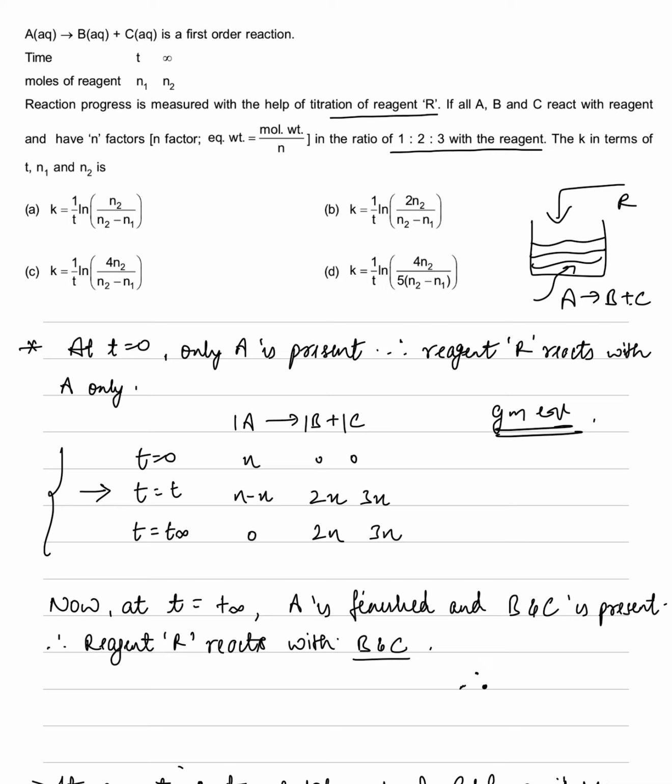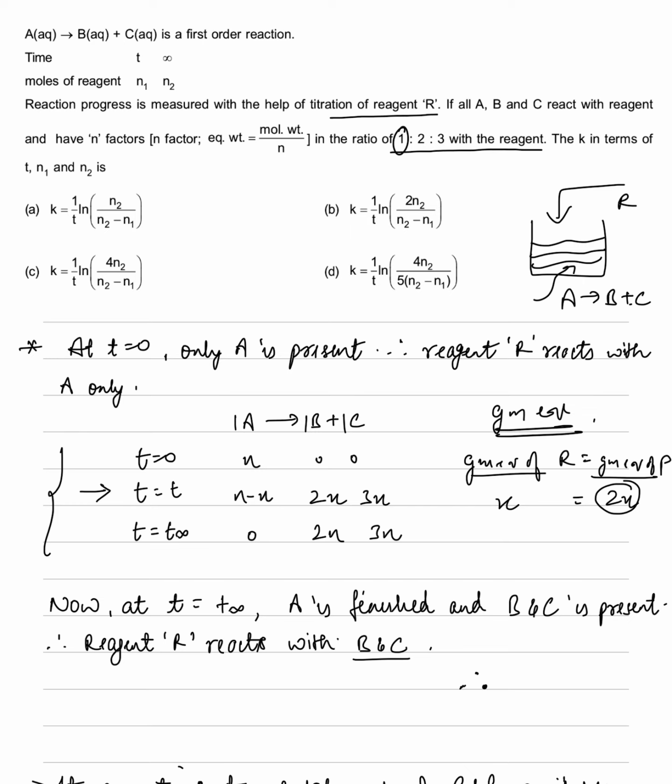Now basically whenever a chemical reaction takes place, we write number of gram equivalents of reactants is equal to number of gram equivalents of products, right? So if x is the amount of A getting consumed with the n factor of 1, it will be x, and equivalently, the number of gram equivalents of product B will be number of moles of B formed into its n factor. So it will be 2x, right? So this is how we write it. Similarly for C, it is 3x.